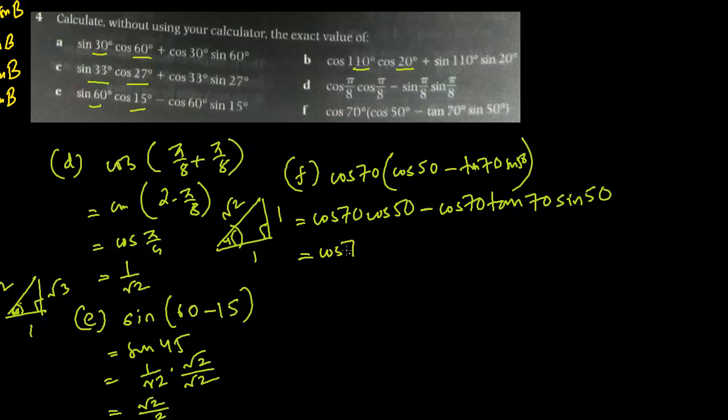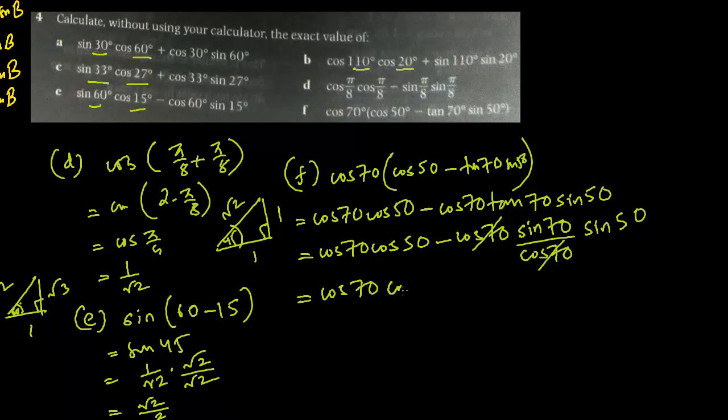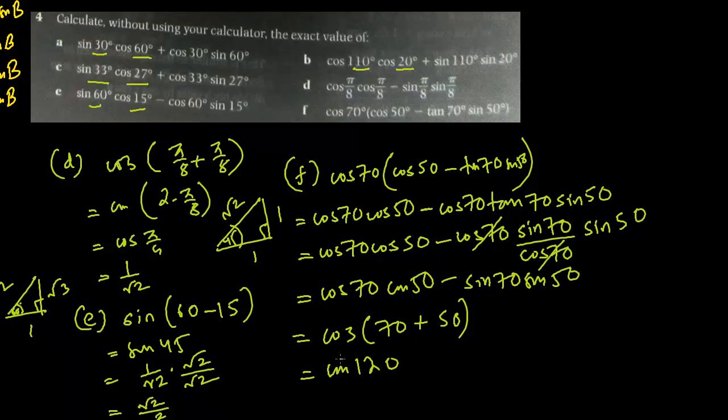So cos 70 cos 50 minus cos 70 tan 70, using the identity of sine by cos, tan 70 can be written as sine 70 by cos 70, and we have over here sine 50. So this cos 70 and this cos 70 cancel off, and we can write cos 70 cos 50 minus sine 70 sine 50, and now it makes sense because cos cos minus sine sine is cos A plus B. So A is 70 and B is 50, which turns out to be cos 120.